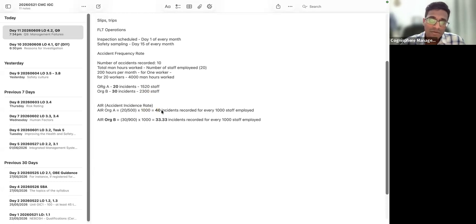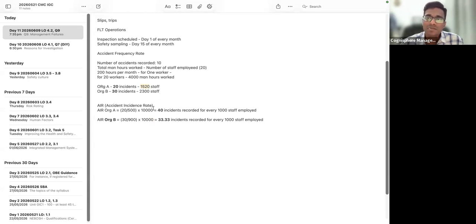Instead of 40, you will get a single digit number. So we will increase this multiplier from 1000 to 10,000. Now we will calculate for every 10,000 workers employed, what is the rate at which accidents are recorded. So it is just a multiplier that can be changed according to the size of the workforce.